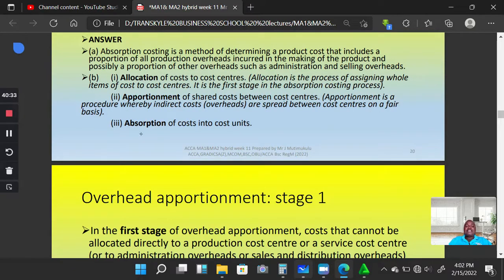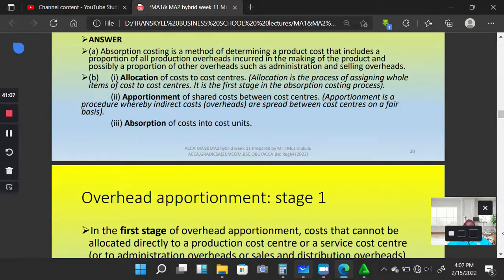Apportionment is a procedure whereby indirect costs or overheads are spread between cost centers on a fair basis. We are not talking of direct costs. Please, I don't want any of my students to be found wanting here. We are talking of indirect costs, those costs which are shared among the cost centers. They need to be shared on a fair basis. I'm sure that is a very important point.